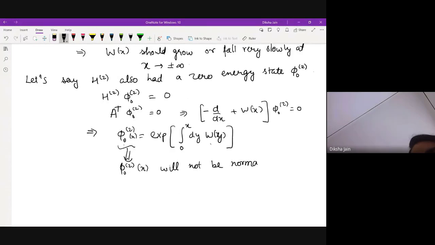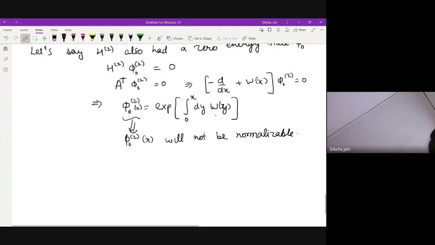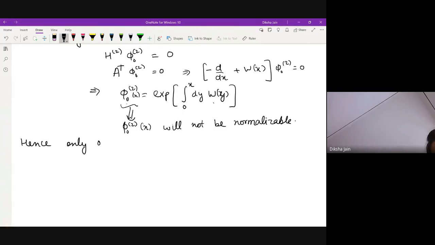Hence only one of the Hamiltonians can have a normalizable zero energy state. Is this argument clear?